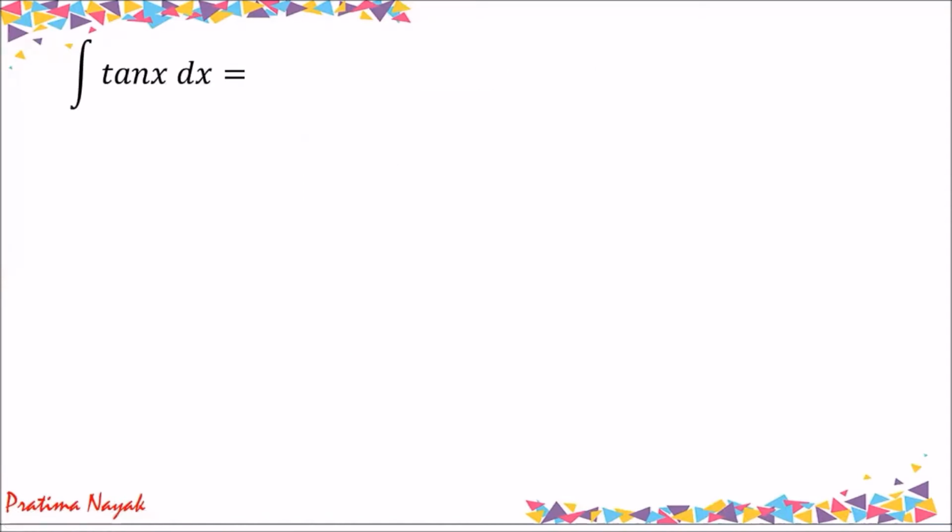In the example of tan x, there is no direct integral. So what we'll do, we'll write tan x as sin x by cos x, dx. Now what is my motive? My motive is I'll substitute some function, I'll write some function as t, so that I'll get its derivative also in the integrand.